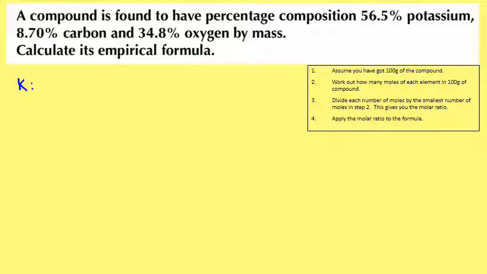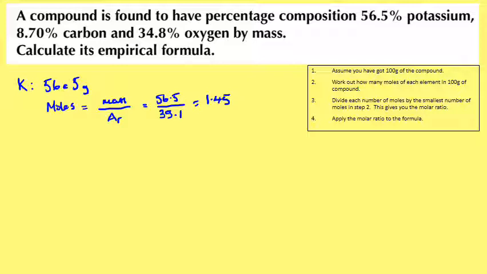If we have 100 grams of compound, we're going to have 56.5 grams of potassium, and we're also going to have moles equal to the mass divided by the AR of potassium. So our mass is 56.5 and our AR of potassium is 39.1, and when we put that into calculators, that comes out at 1.45 moles.